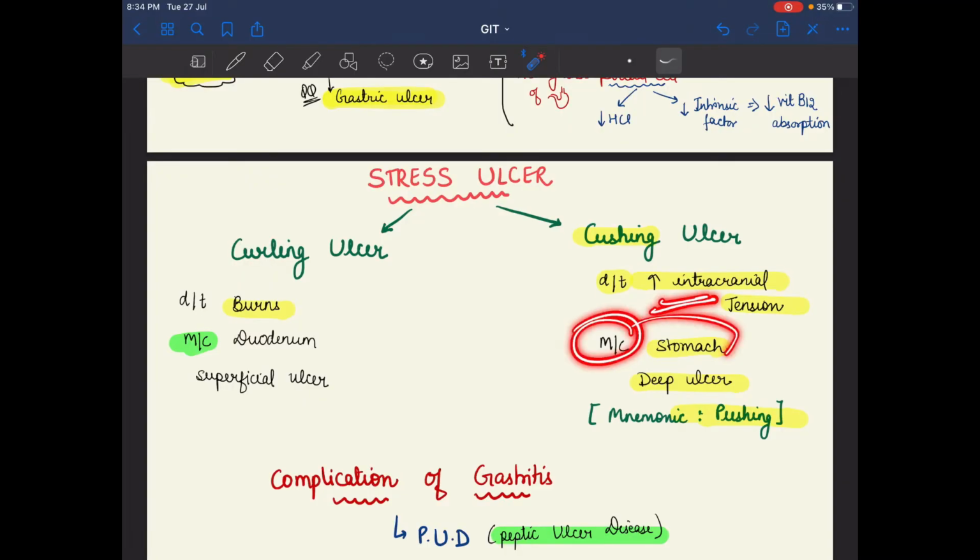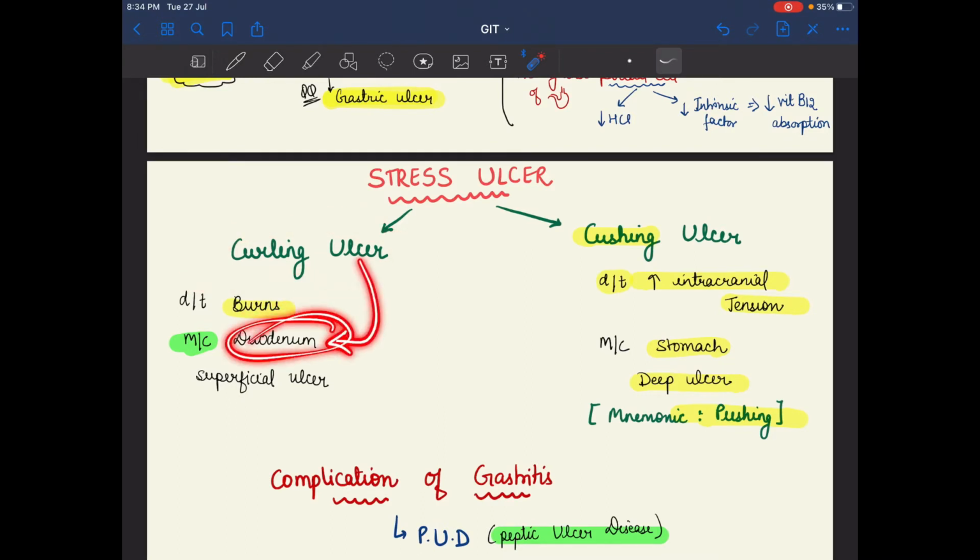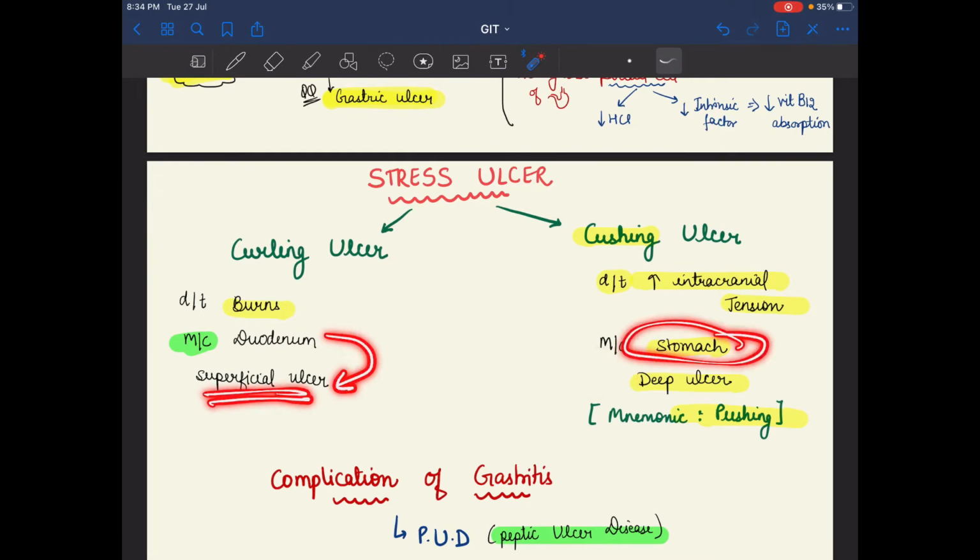Most commonly it involves the stomach, and in the stomach deep ulcers are present. Curling ulcer is due to burns, and the most common location for Curling ulcer is the duodenum, where superficial ulcers are present, while the most common location for Cushing ulcer is the stomach, with deep ulcers. So this is about stress ulcer.